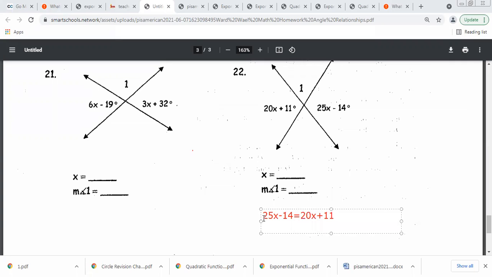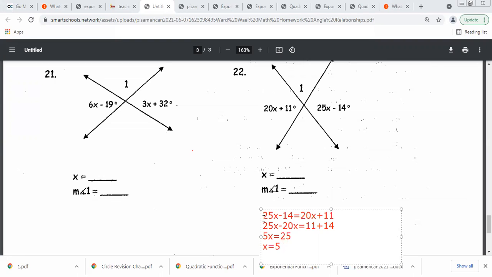And after that, we will transfer: 25x minus 20x will be equal to 11 plus 14. So 5x equal 11 plus 14, it will be 25. And then we will divide both sides by 5. Then the value of x equal 5, and we will use it to find the measure of angle 1.